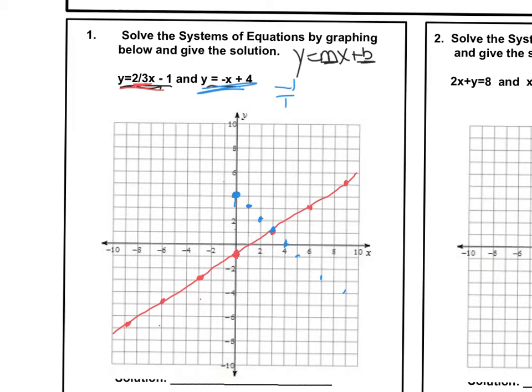You can do the opposite, go up 1 to the left 1, and we're going to have our line here. My solution is the point where they intersect, so my solution is (3, 1).